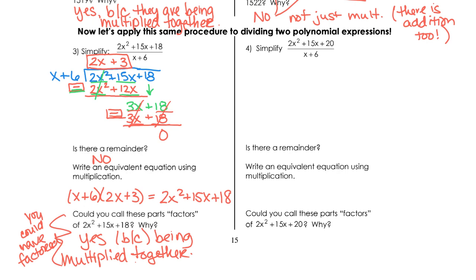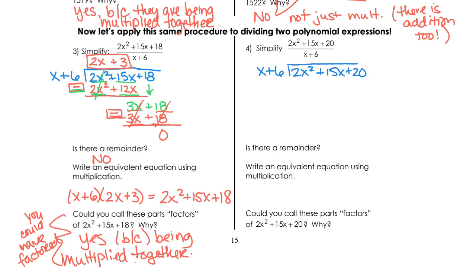All right. Coming over here, guys, to number 4. A similar question, but you guys can see it's a little bit different. So we're going to go ahead and set it up with the x plus 6 on the outside, the 2x squared plus 15x plus 20 on the inside, and we're going to see how many times x plus 6 goes into it.